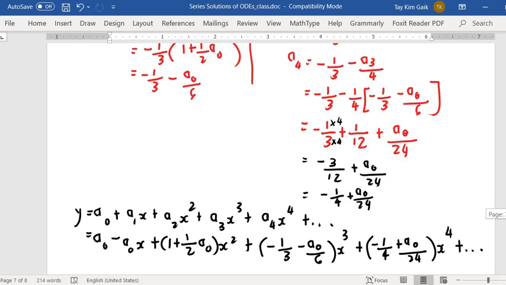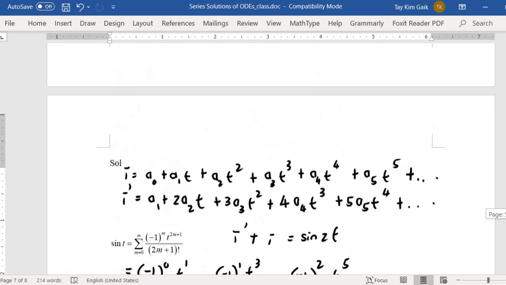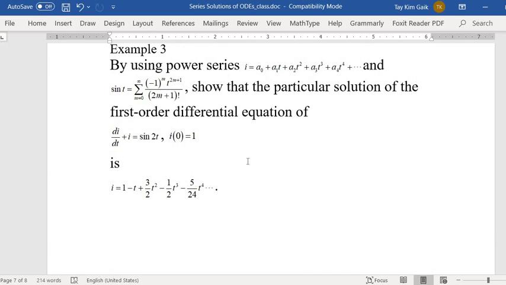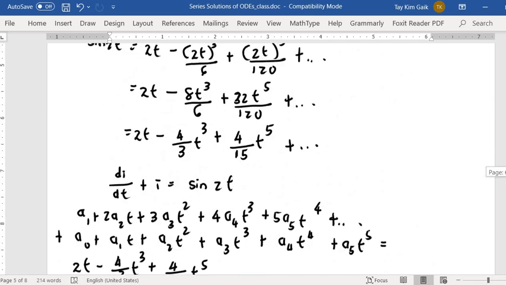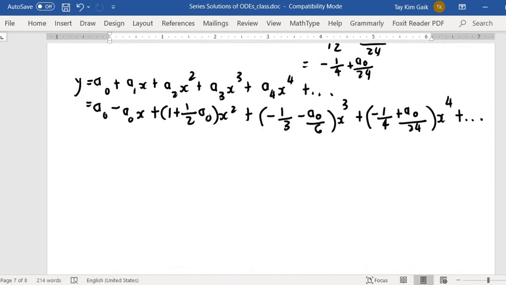And what they want is actually particular solution when at t equal 0, y equal to 1. So plug in when t equal 0, y equal to 1. Because the problem is dependent on t, so x here you change back to t.